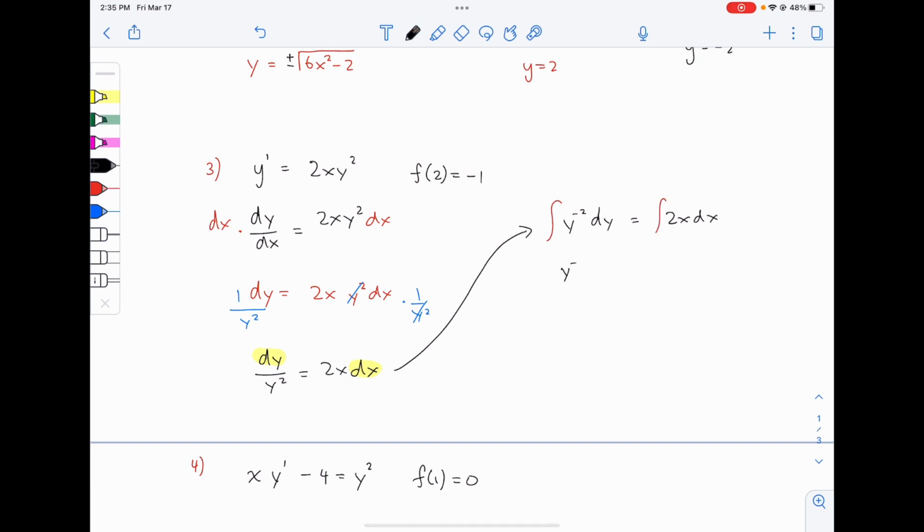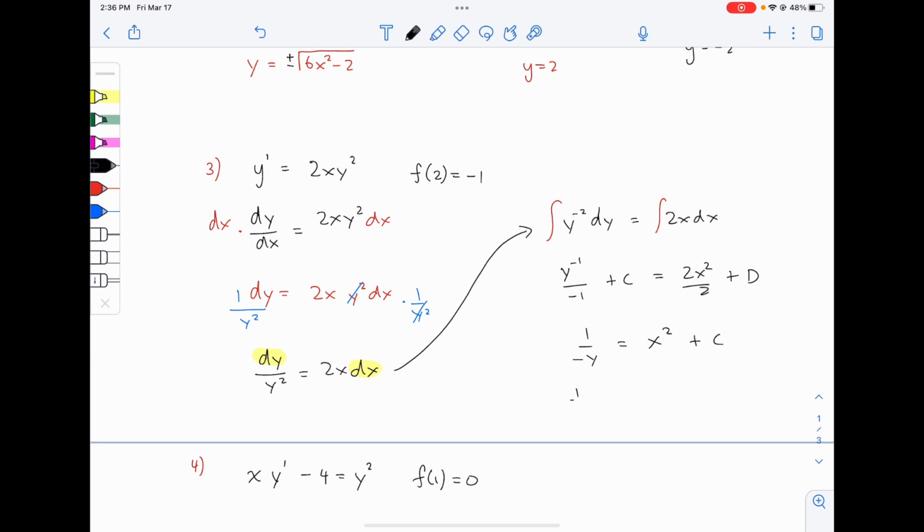We get y to the negative 1 over negative 1 plus c is equal to 2x squared over 2 plus d. 1 over negative y is equal to x squared plus c. Again, if you like, you can kind of isolate all this so that it makes a little bit more sense, but for now, I'm just going to plug in 2 and negative 1.